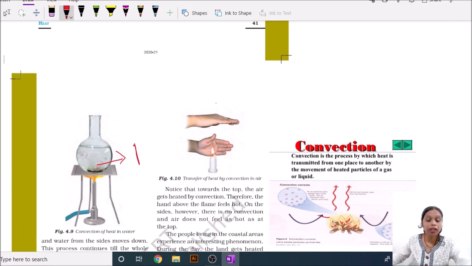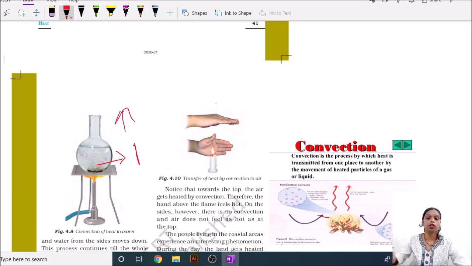After that you will observe that the water that is in contact with the surface of the flask rises up first. Okay, and the place that is empty is filled with the water that is not in contact with the flame.